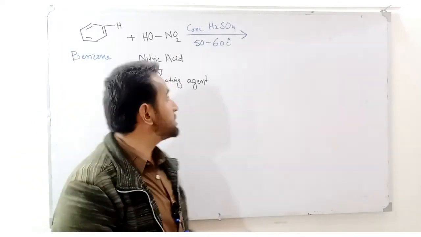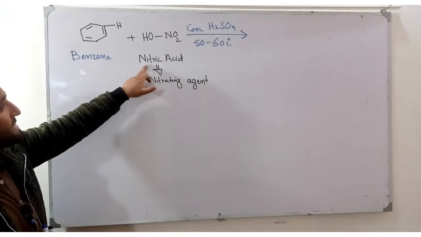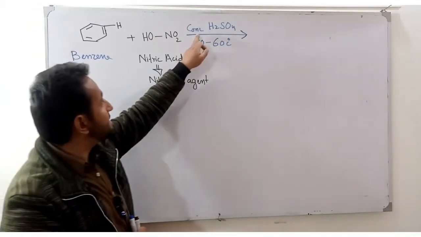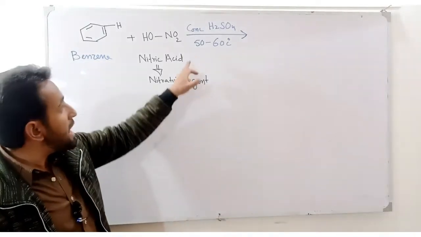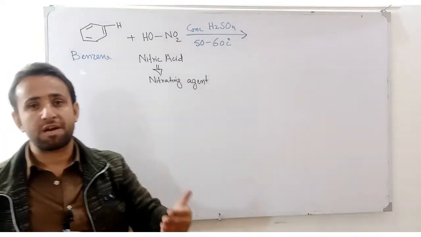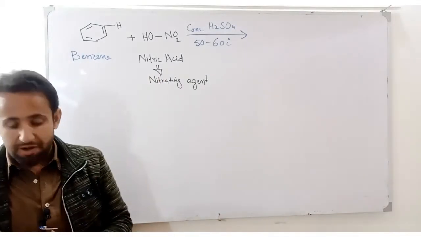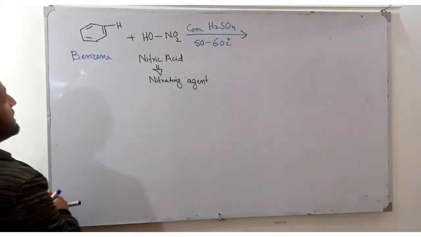So what will happen, simply, if I use concentrated nitric acid with a benzene molecule in the presence of concentrated sulfuric acid as a catalyst, with the application of heat, from 50 degrees centigrade to 60 degrees centigrade? There will occur a reaction. The reaction will be like this.